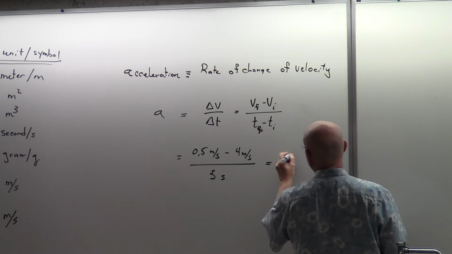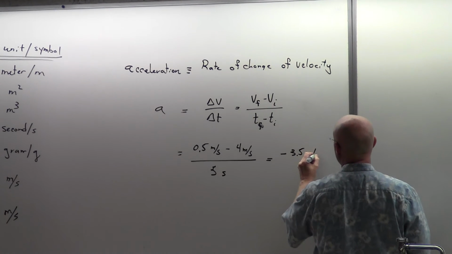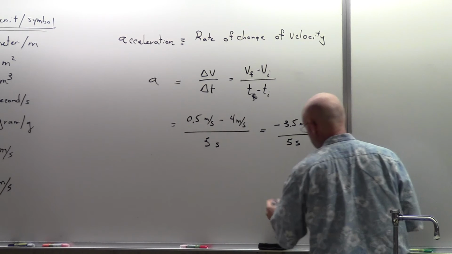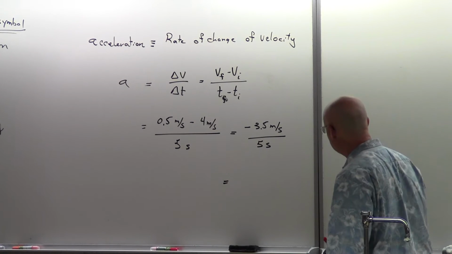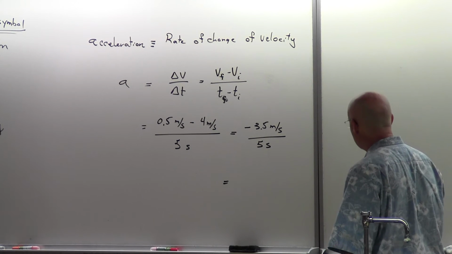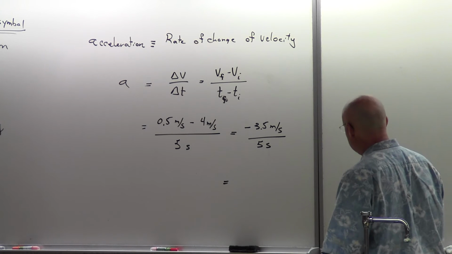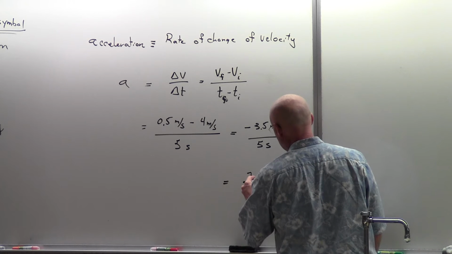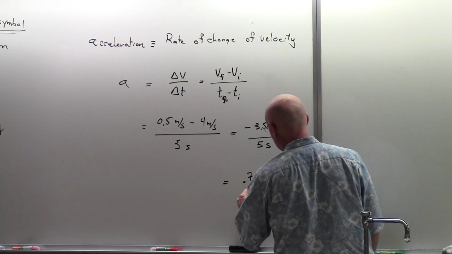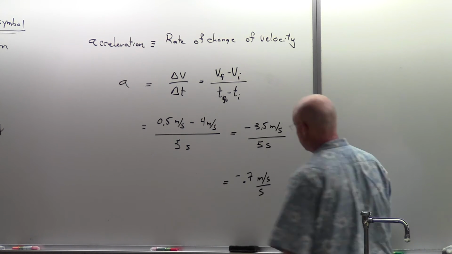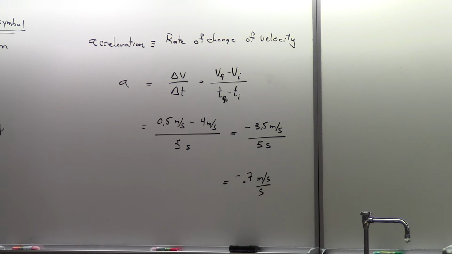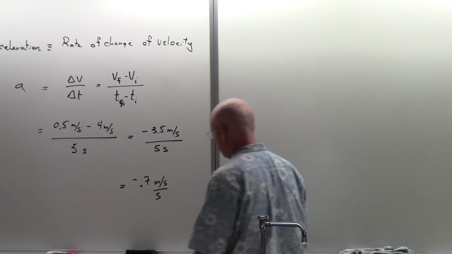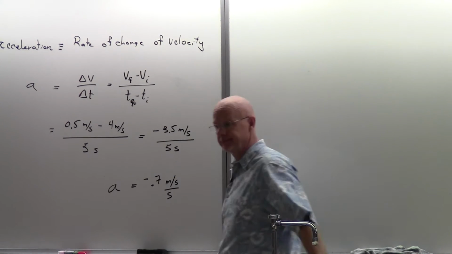So it looks like I have a negative 3.5 meters per second over 5 seconds. Is that 0.7? 0.7 meters per second each second. Oh, negative. And so I would say that is my acceleration.